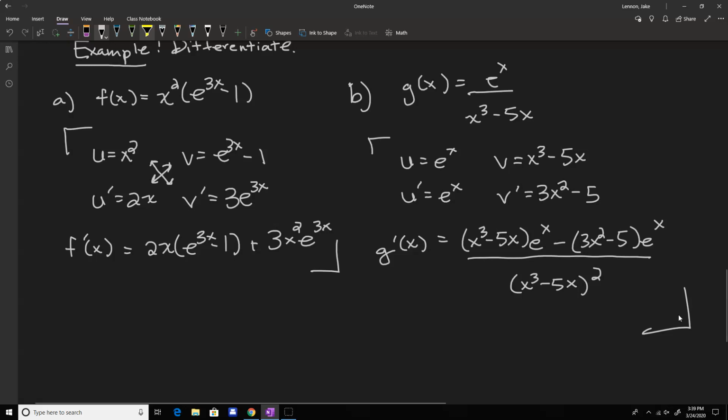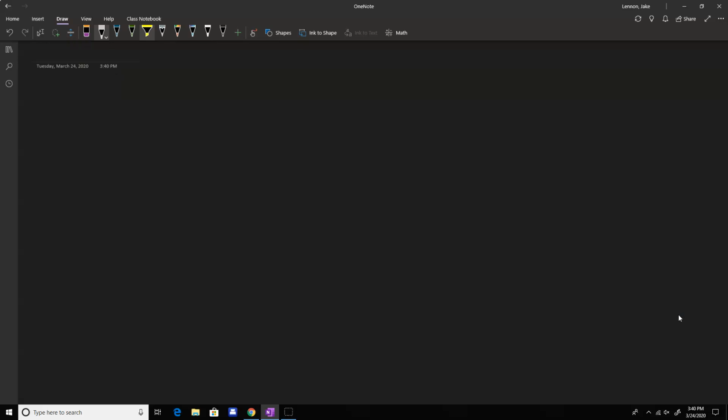So let's go ahead and look at some more examples. Again, with these, it's just kind of practice makes perfect. So let's look at a couple more. So let's say we have C, we have f of x equals the square root of x times e to the 2x.